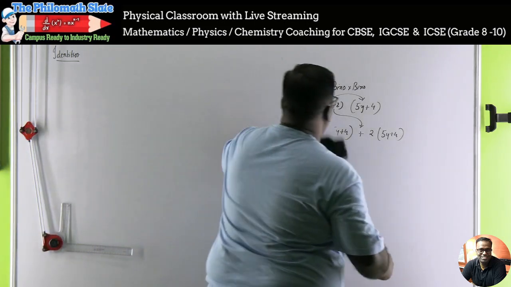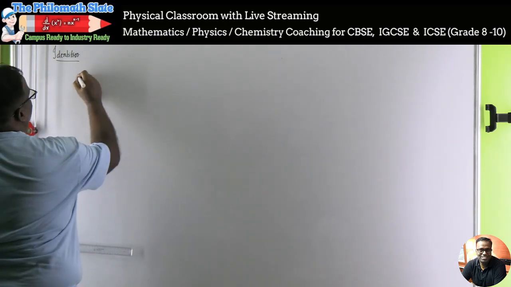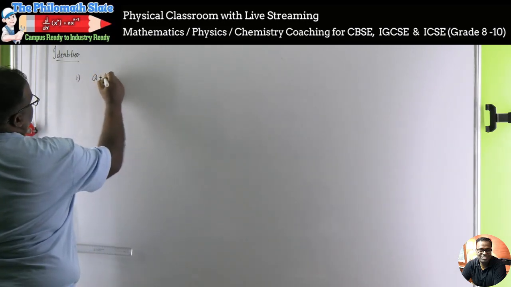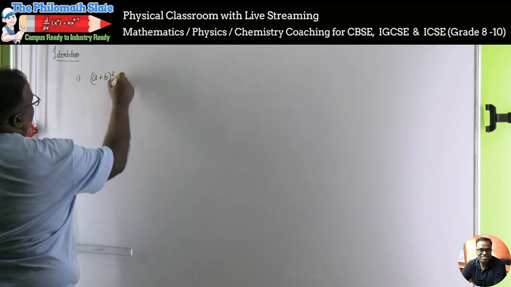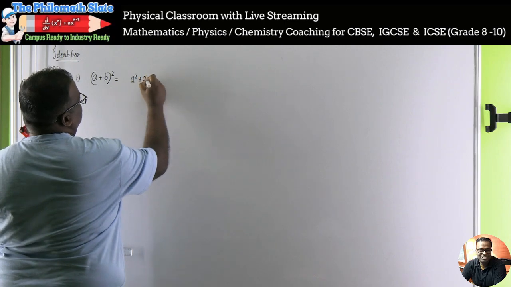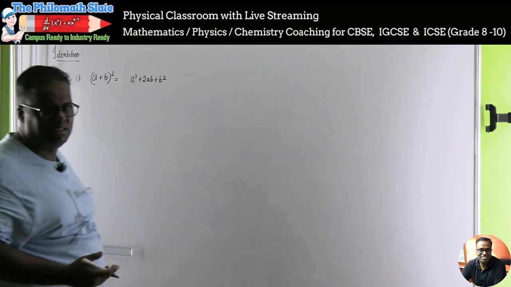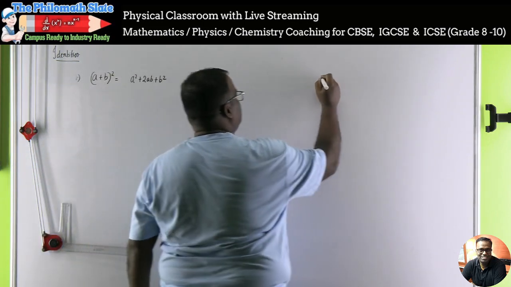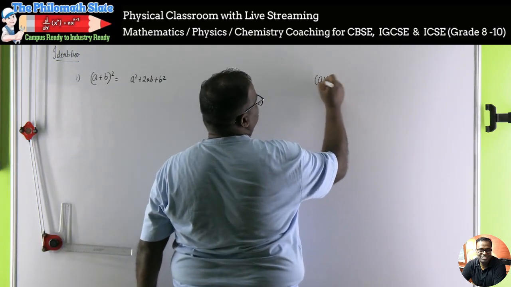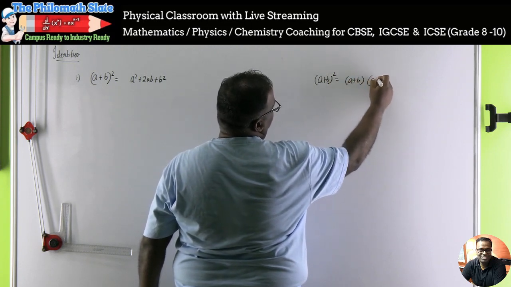Whereas, so the first identity is number 1, a plus b whole square, right? This is given as a square plus 2ab plus b square. You all have done this, right? Acha. Anyway, in exam, if you forget, then a plus b whole square, you can make it on your own, is a plus b multiplied with a plus b.